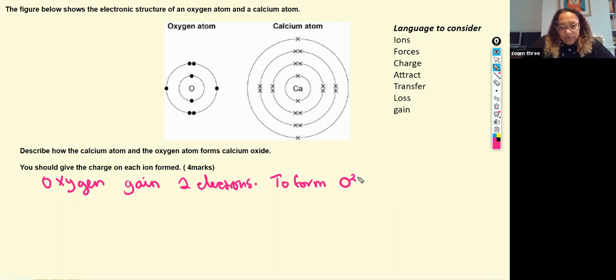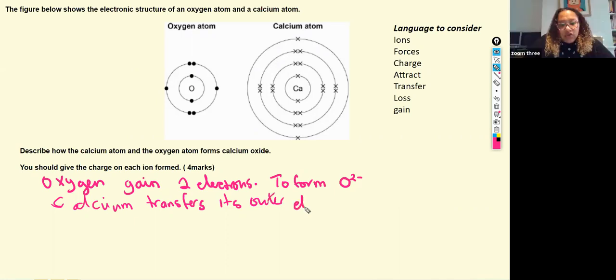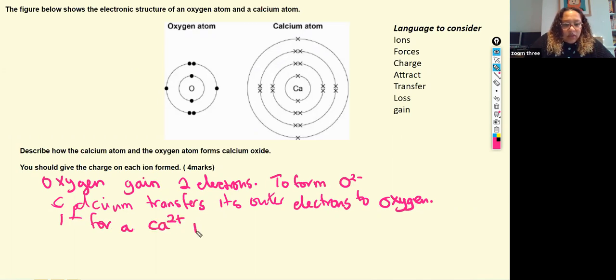And then you would say that the calcium transfers, look at that language that we're using, its outer electrons to oxygen, and it would form a Ca2+ ion.